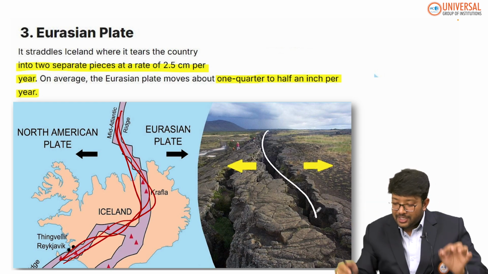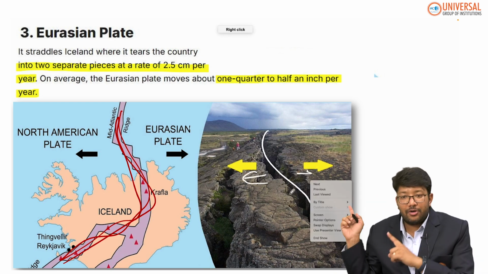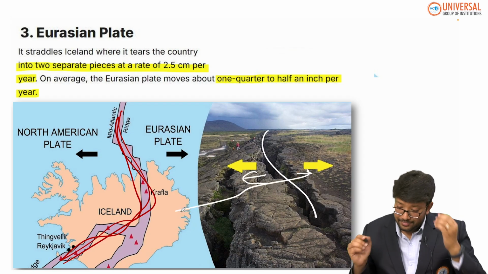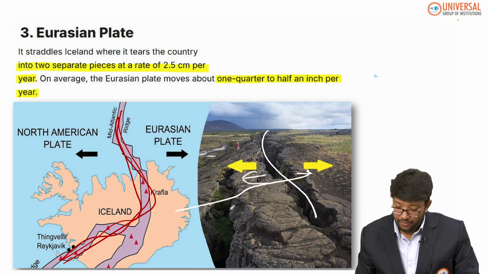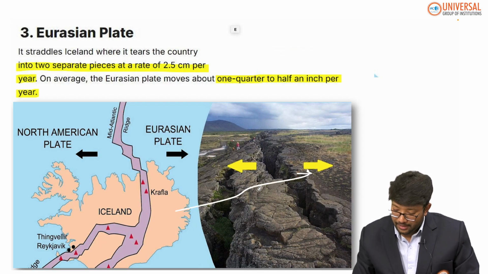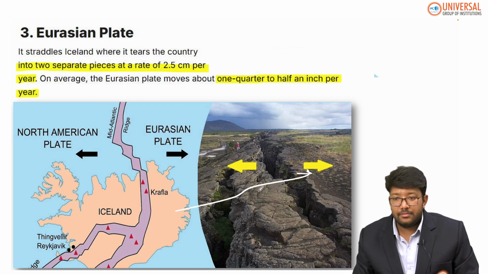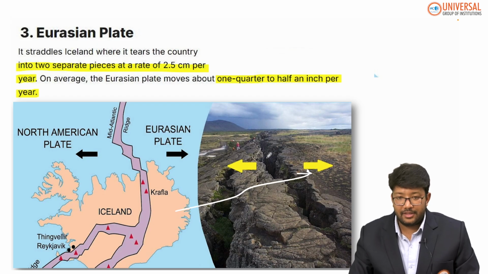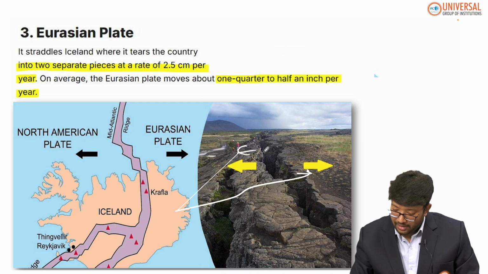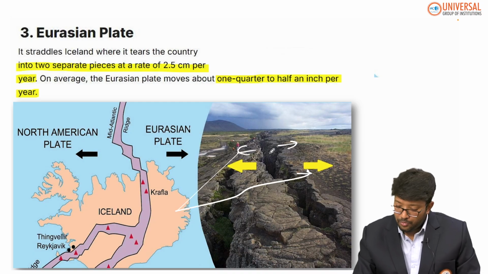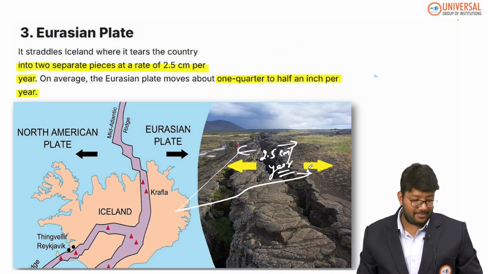So when two plates are moving apart, such a formation happens, and the rate of this particular divergence is 2.5 centimeters per year. Okay, you have to remember that.